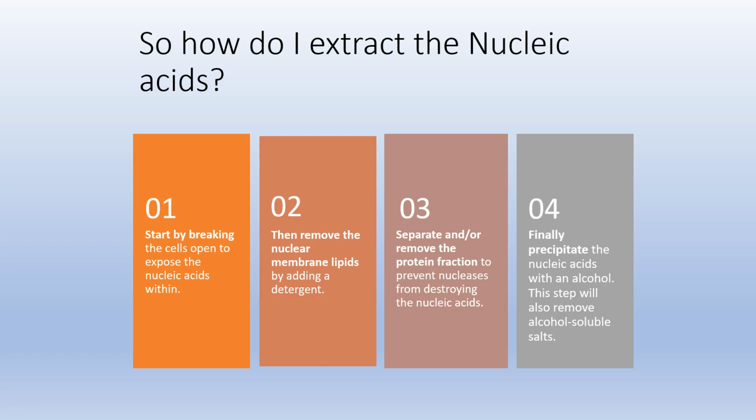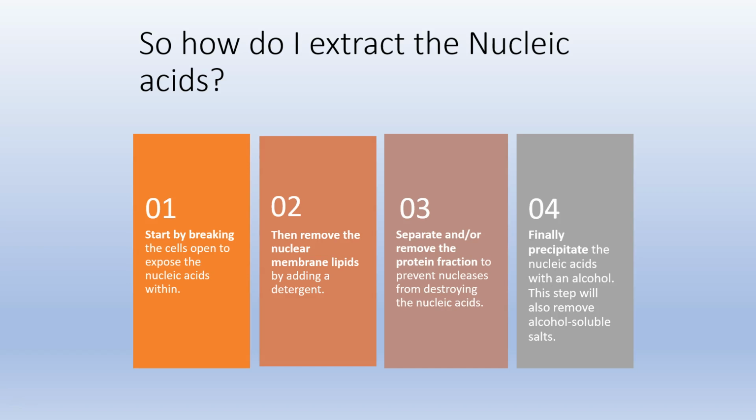And then finally, you want to precipitate your nucleic acid, whether it is DNA or RNA, so that you can concentrate it in the amount that you need for your downstream activities. We do that by adding alcohol to our remaining mixture after we've removed insoluble matter and the protein fraction.